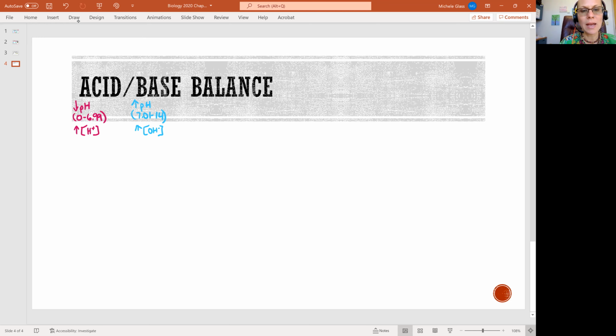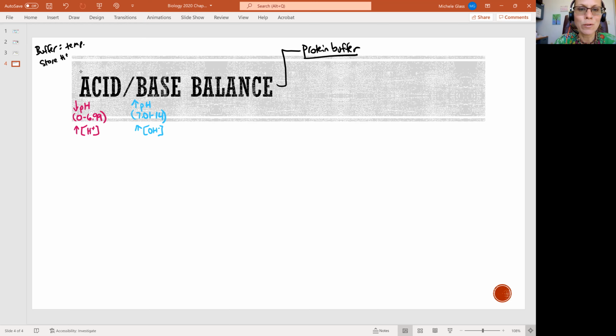Now, when we talk about acid-base balance, we'll see that there's three basic ways that this is going to be taken care of. So one we can say is a protein buffer. And so let's go over here in the corner and remind ourselves, what is a buffer? A buffer is a molecule that can temporarily store hydrogen ion.